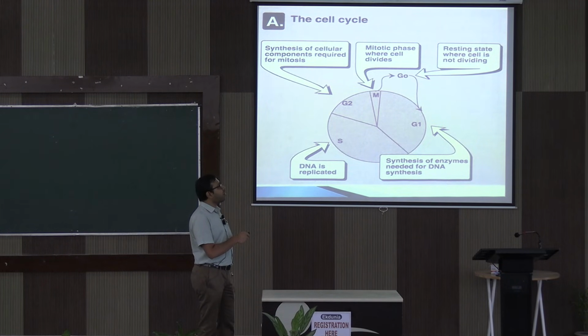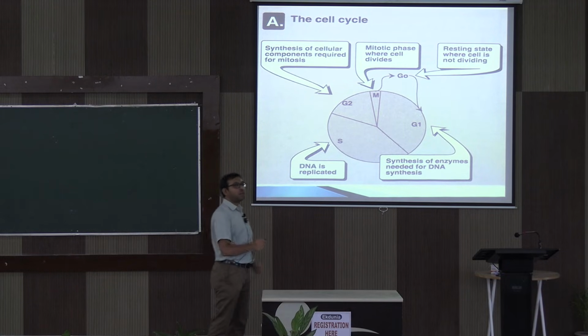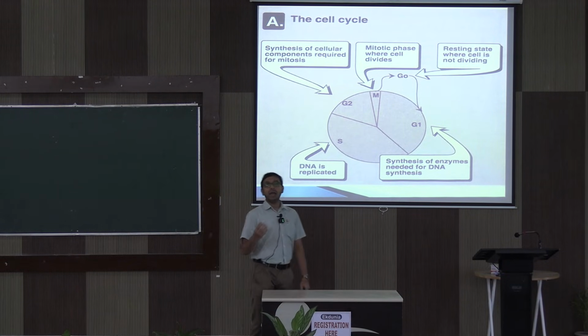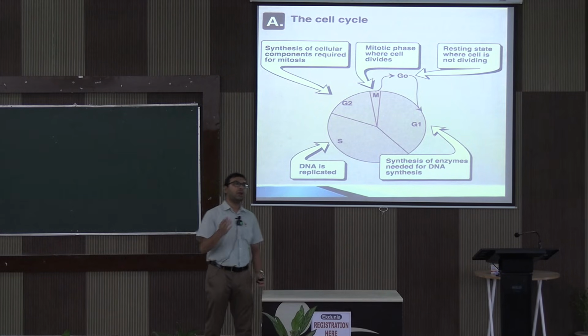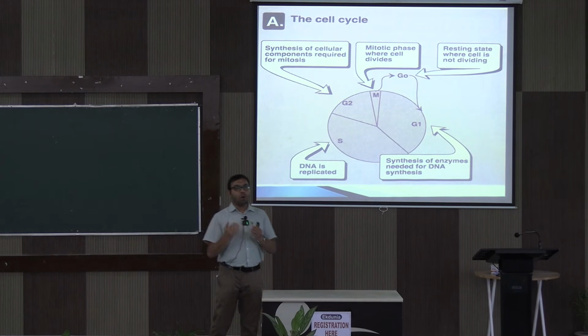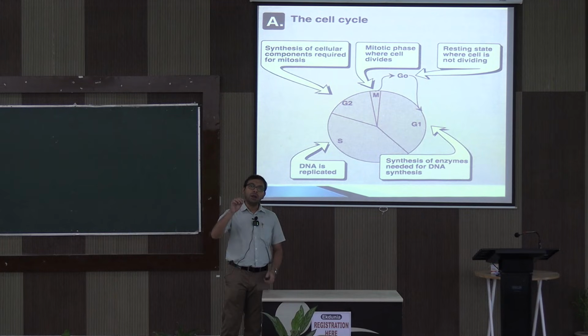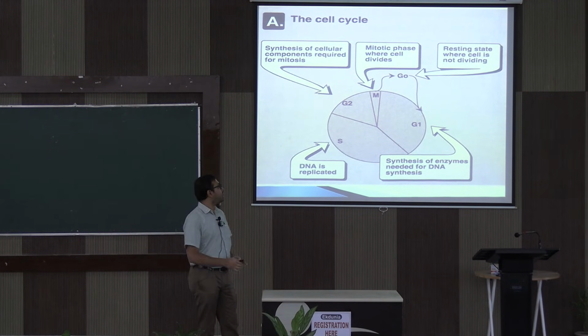G0 is the resting state where the cell is not dividing. Cells in G0 are maximally resistant to chemotherapeutic drugs. Chemotherapeutic drugs are most sensitive when the cells are replicating, when the cells are multiplying.